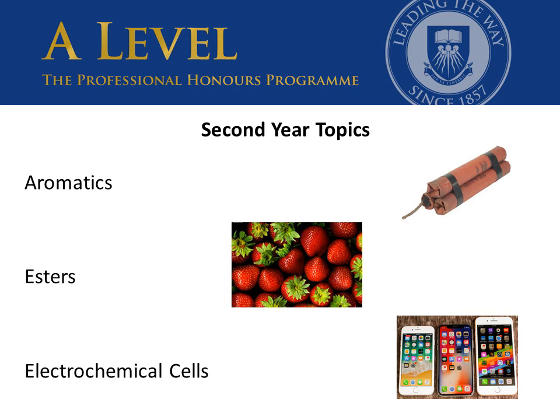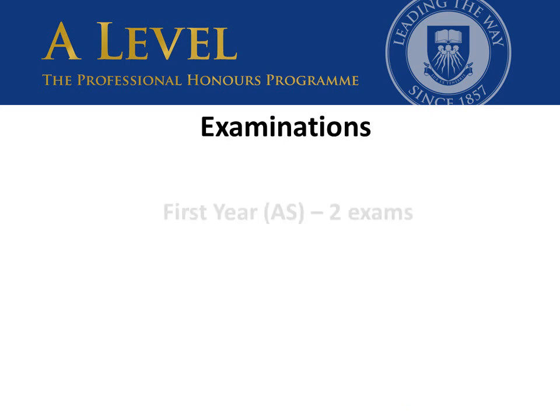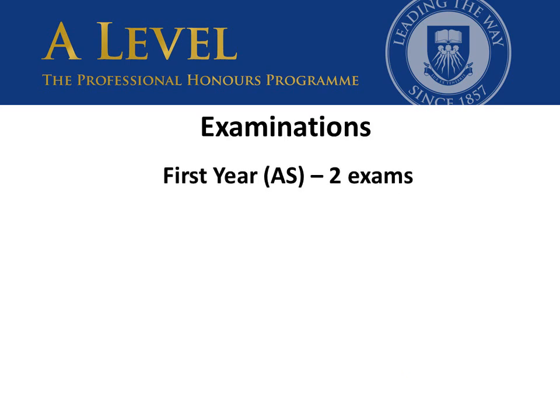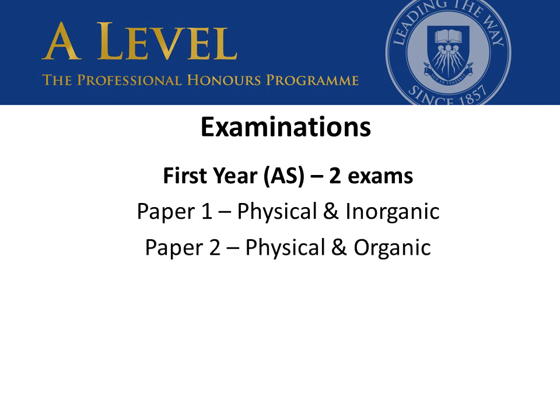Okay. Your examinations, in the first year you'll have 2 AS exams. They're split up into some of the physical chemistry and inorganic chemistry for paper 1, and then paper 2 is the remaining physical chemistry and organic chemistry.